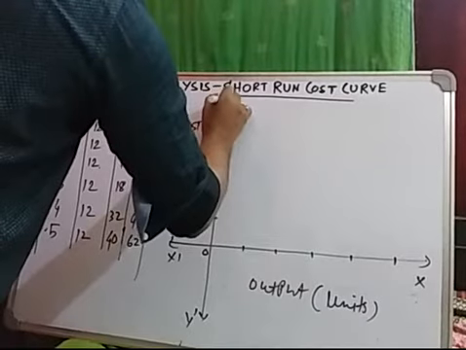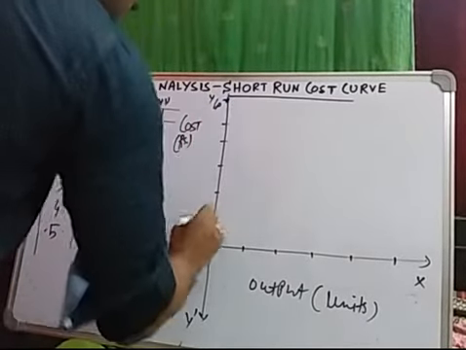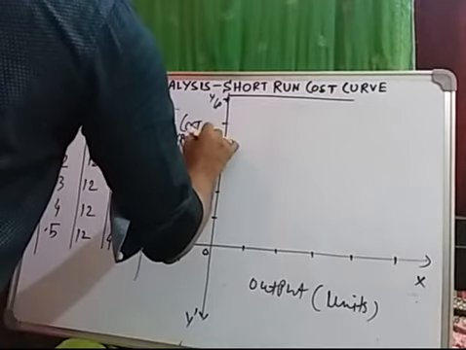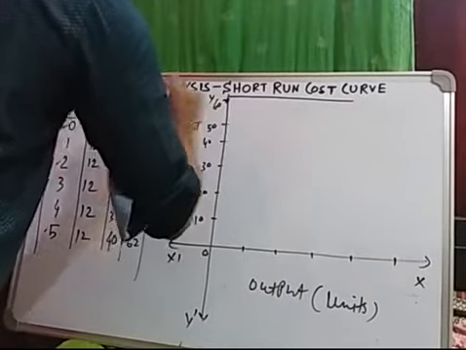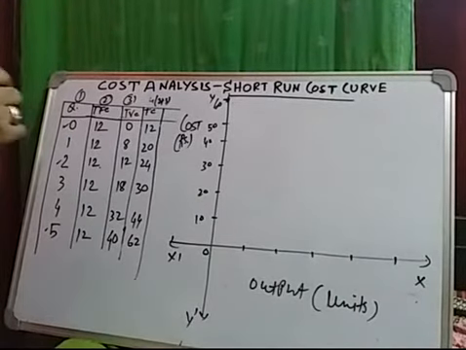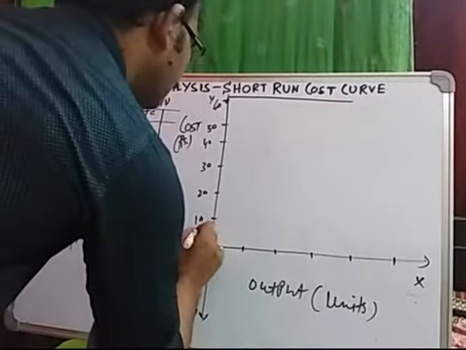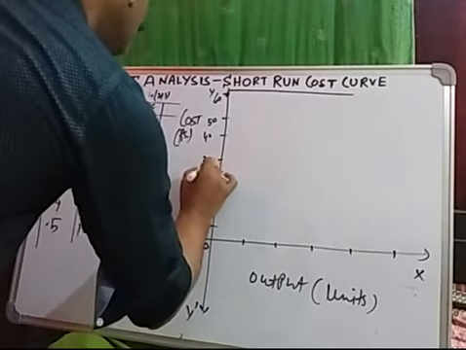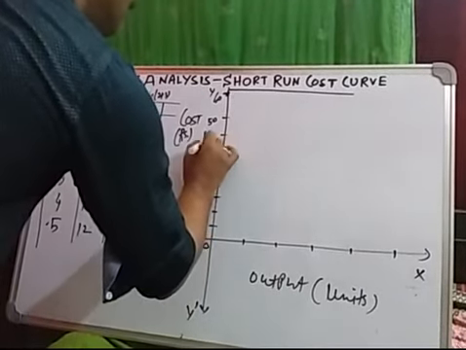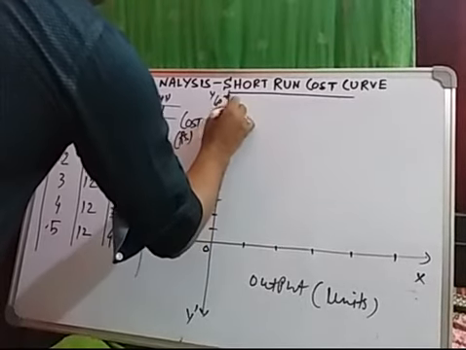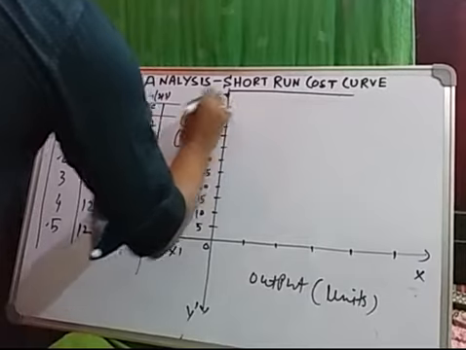So this is 10, this is 20, this is 30, this is 40, this is 50, and this is 60. Clear? So now again this is 5, this is 15, this is 25, this is 35, this is 45, this is 55.